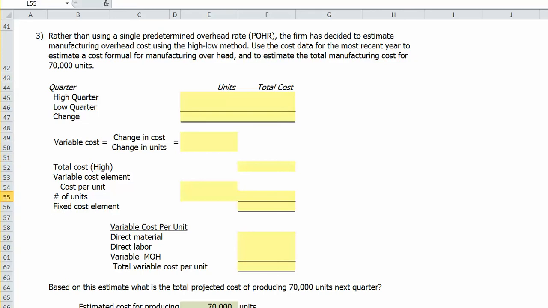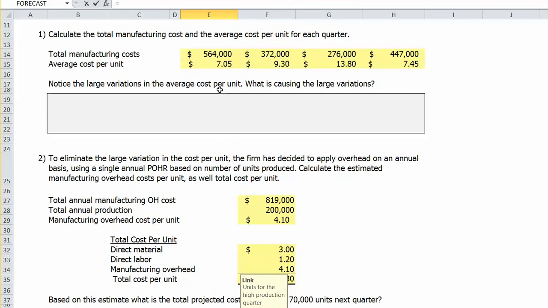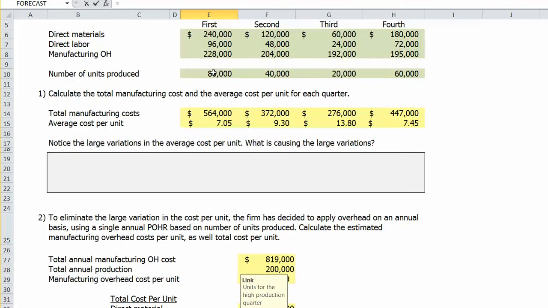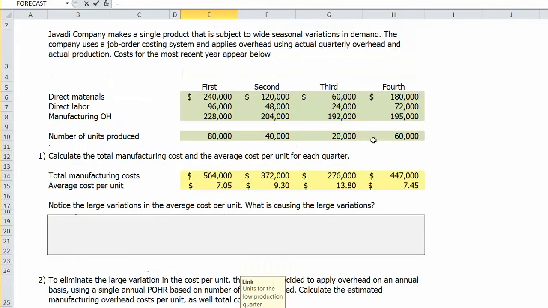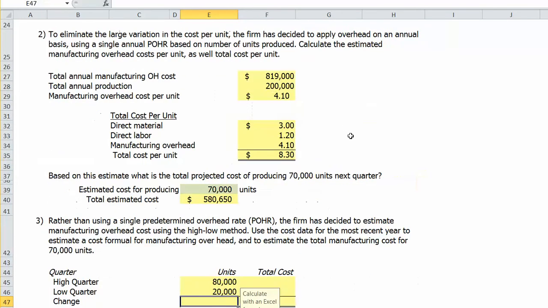We'll begin, recall, by looking at the high level of output or production and the low level of output or production, not the cost, but the level of production. Our high number of units occurred in the first quarter, 80,000. Our low level was in the third quarter, 20,000.